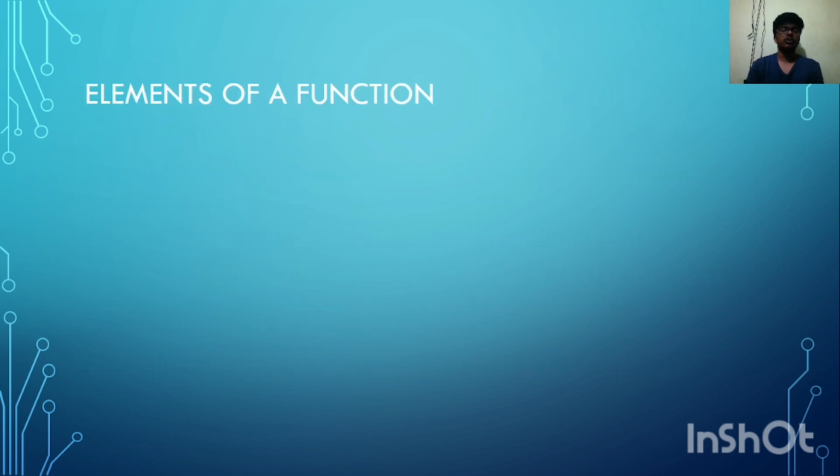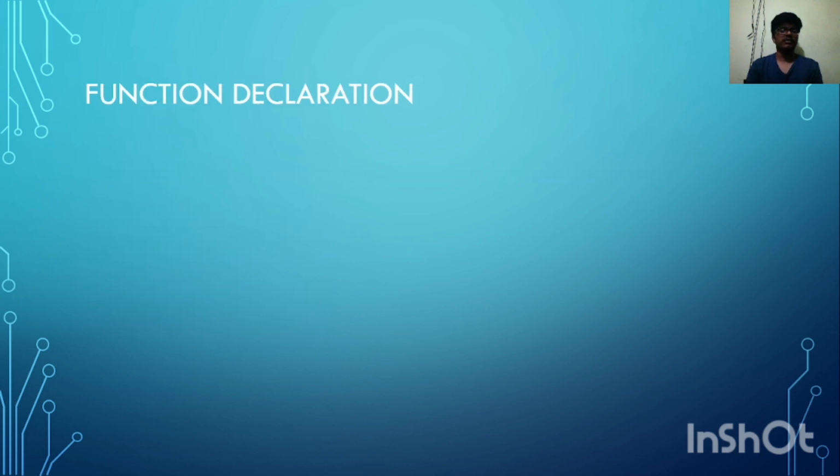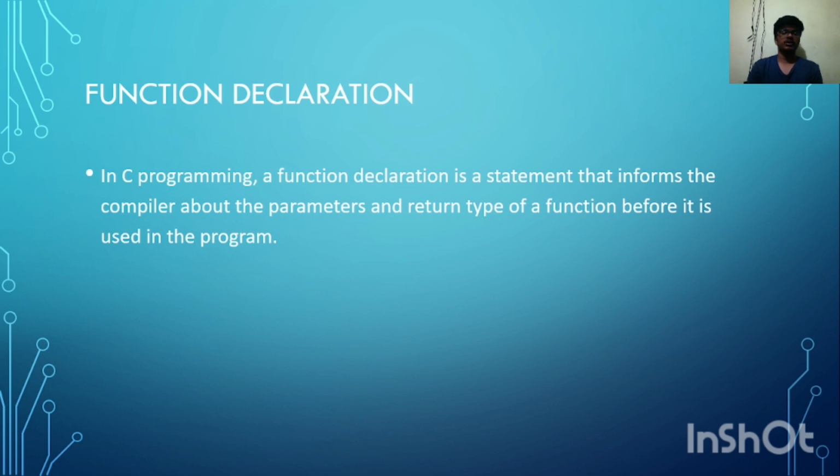Now let's go through the elements of a function. There are three important elements in a function. They are function declaration, function call, and function definition. Let's go through one by one. First comes the function declaration. In C programming, a function declaration is a statement that informs the compiler about the parameters and return types of a function before it is used in the program.